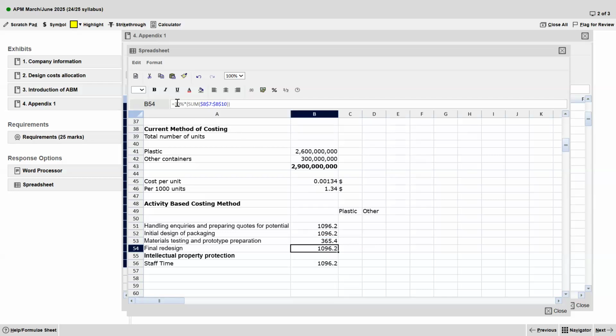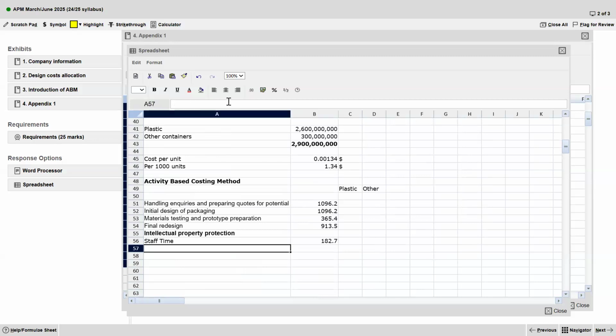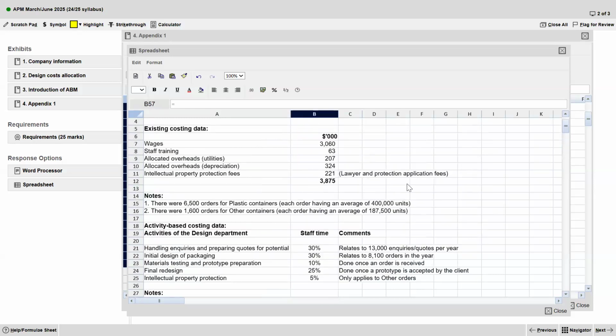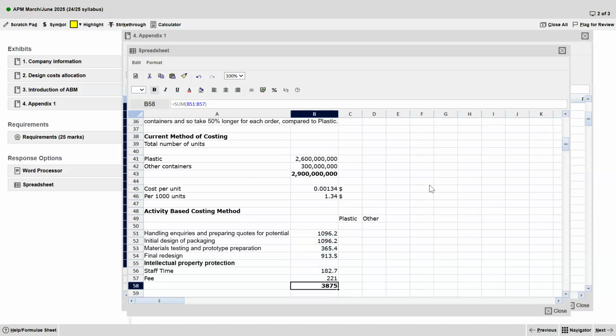This one is 25%. And this one is 5%. This one is 5%. The fee for the intellectual property is also going to be added, which is 221. Now, if we add up all of these, this turns out to be 3875.